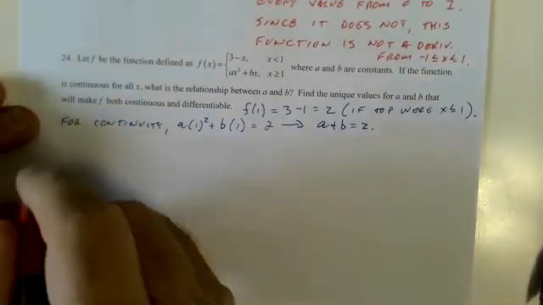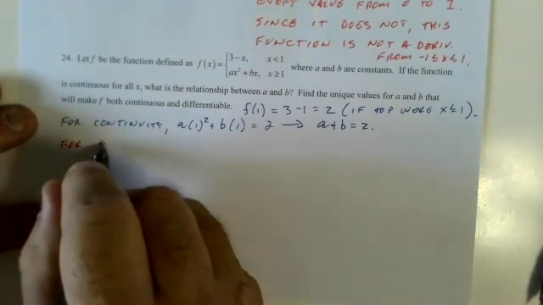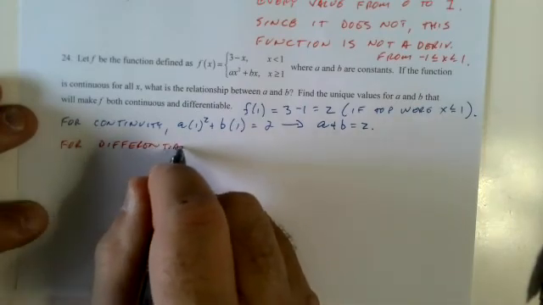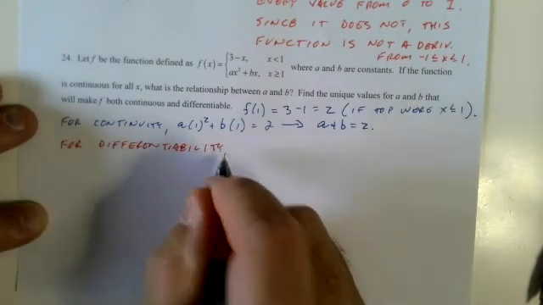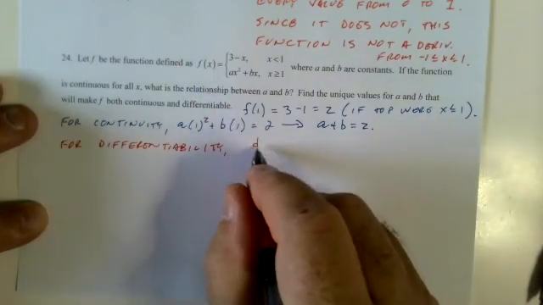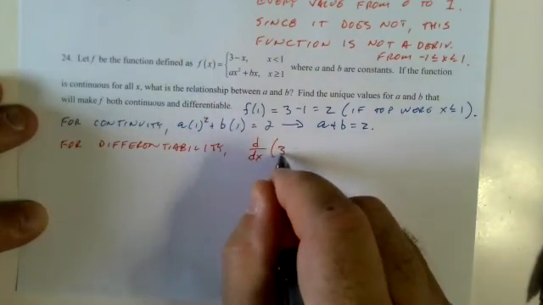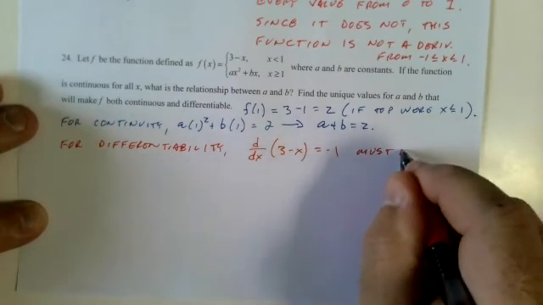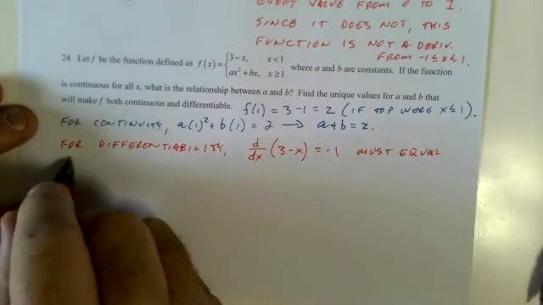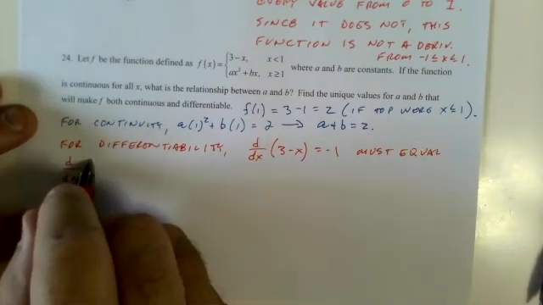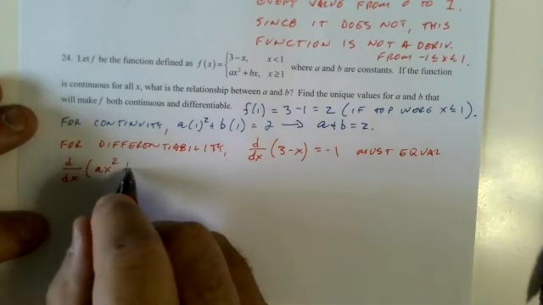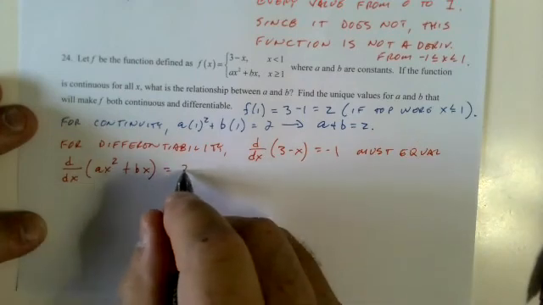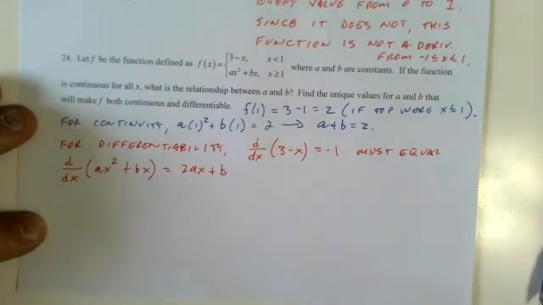All right, for differentiability, the derivative of 3 minus x must equal the derivative of ax squared plus bx, which is 2ax plus b.